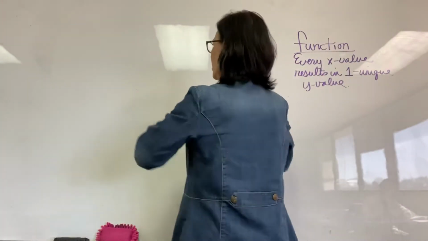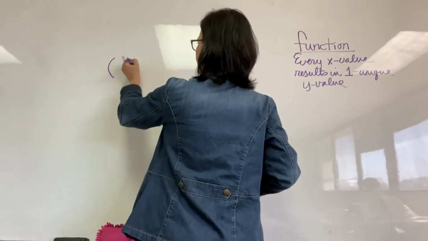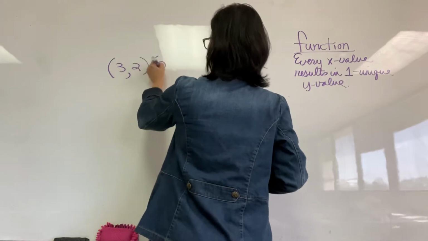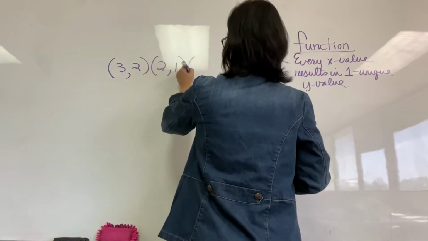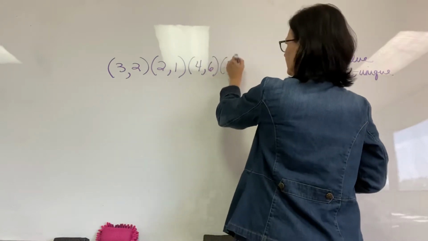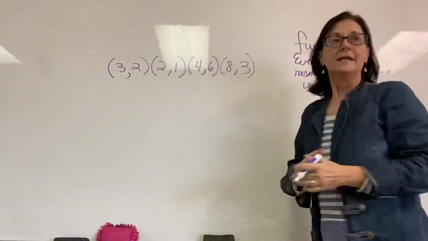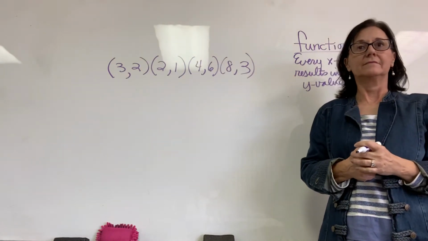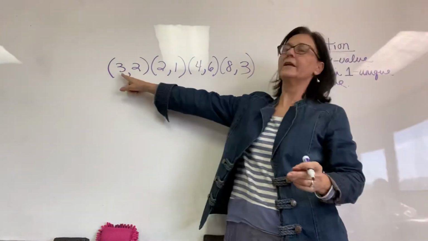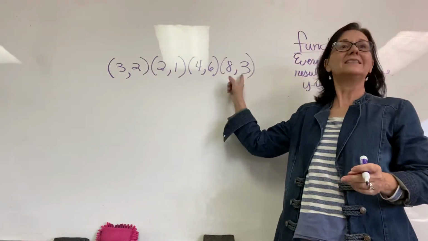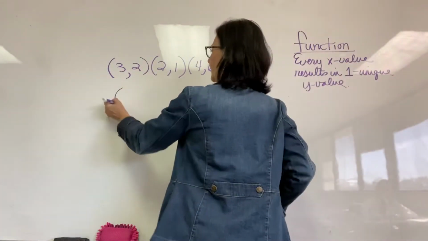It could also look like this: if I just give you coordinate points, is that a function? Yes. Does 3 only go to one value? Yes. Does 2? Yes. Does 4? Yes. Does 6? Yep. Okay, what about this?